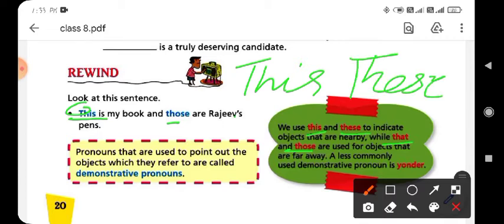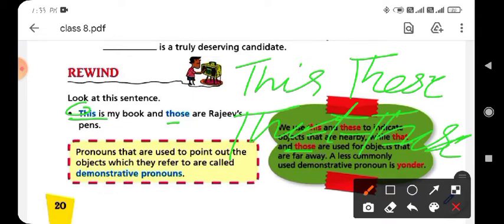But how can you classify a demonstrative pronoun and a demonstrative adjective?